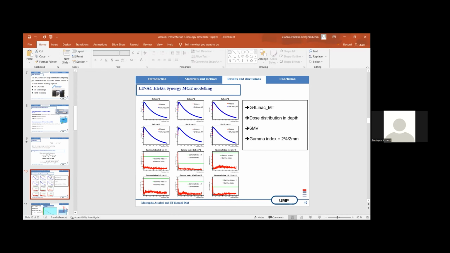We can clearly see that the large divergence between Monte Carlo simulation and experimental measurements is located in the build-up region.